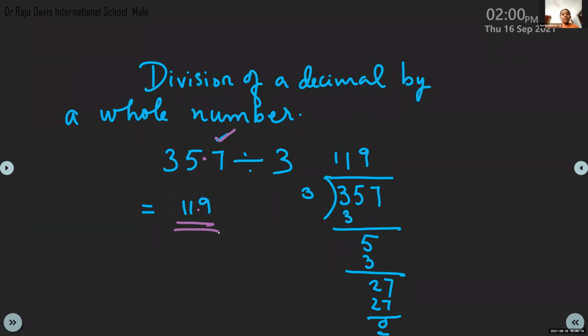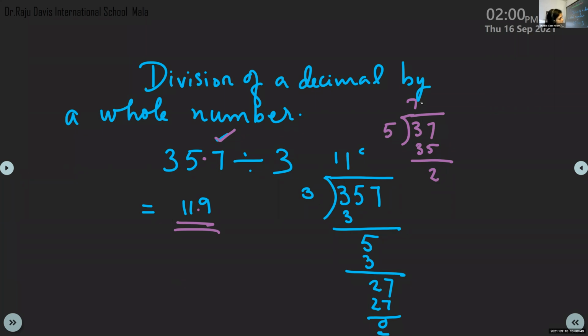We see, suppose 37 divided by 5. What you will do? Ma'am, first we'll divide 7. 5 sevens are 35. Isn't it? Balance, how much? 2. Put decimal point.